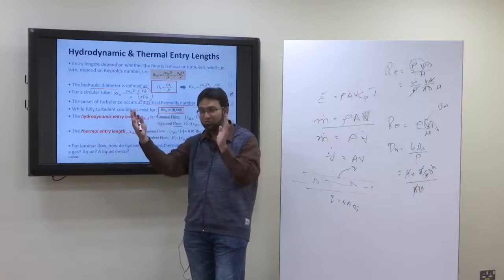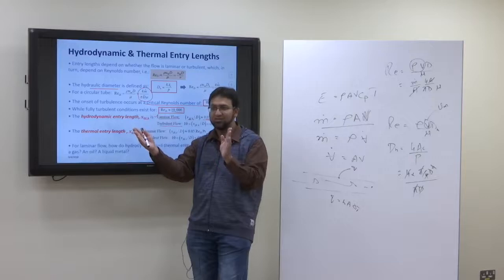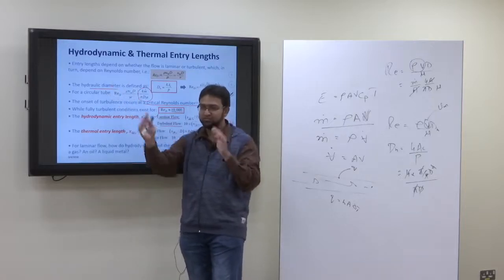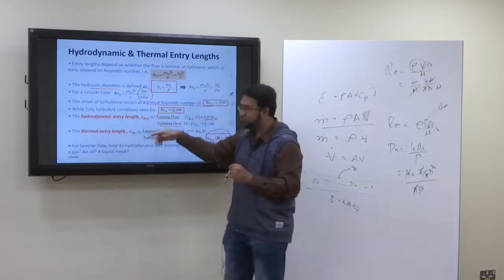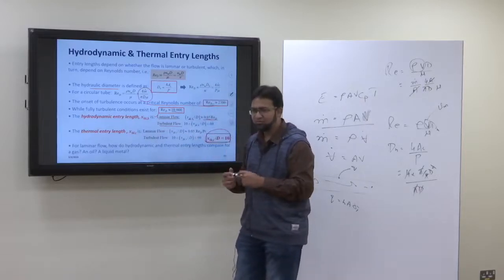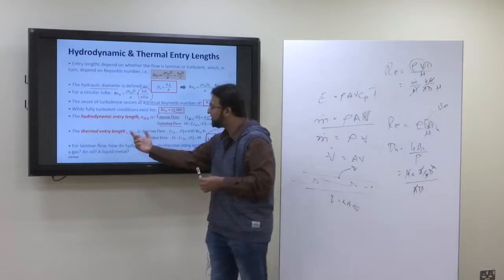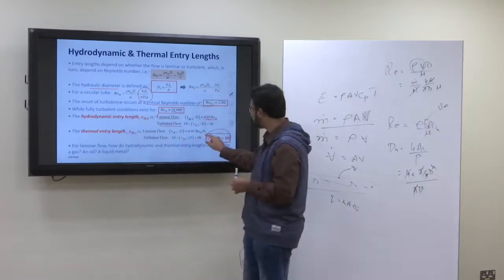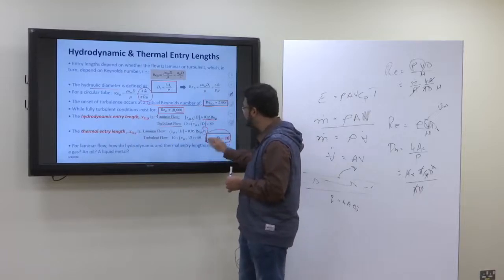So the entrance region for the hydrodynamic case is the hydrodynamic entry length. That's the velocity variation until the inviscid region finishes. The next one is the thermal entry length. If you see here, the formula for thermal entry length is almost similar to the hydrodynamic entry length, the only difference is that here we put the Prandtl number as well.